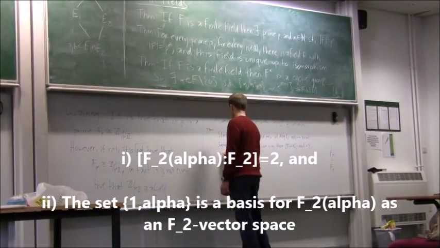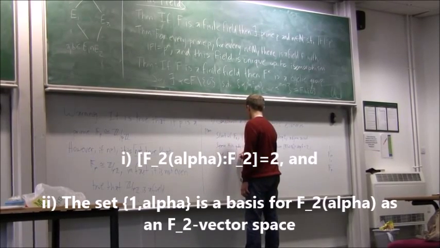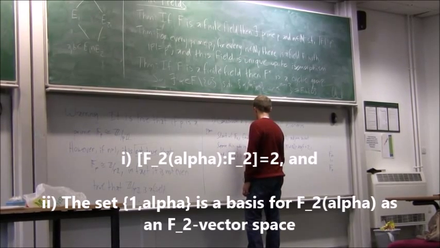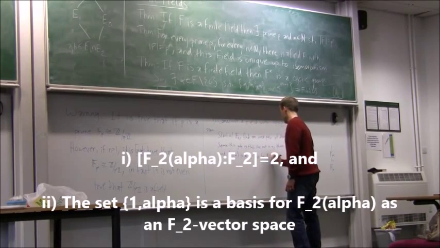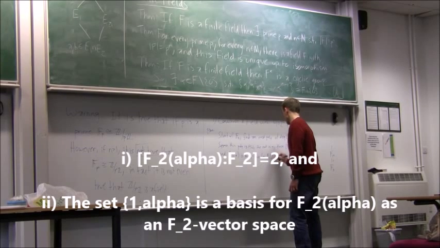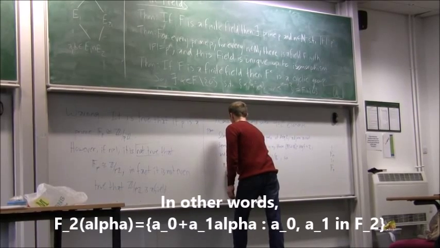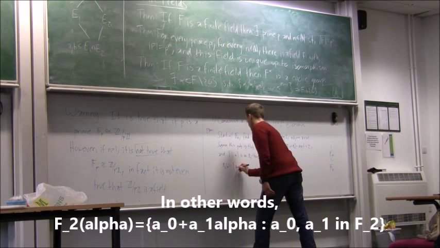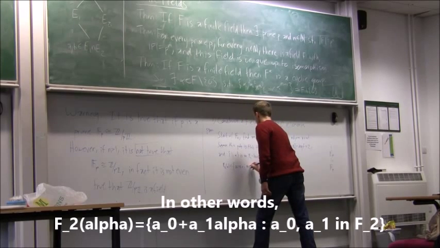And we also know that 1, alpha is an F2 basis for the extension. Okay? So F2 adjoin alpha is exactly the set of numbers that can be written in the form a0 plus a1 times alpha.